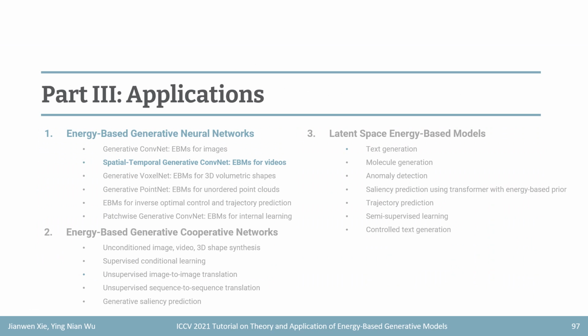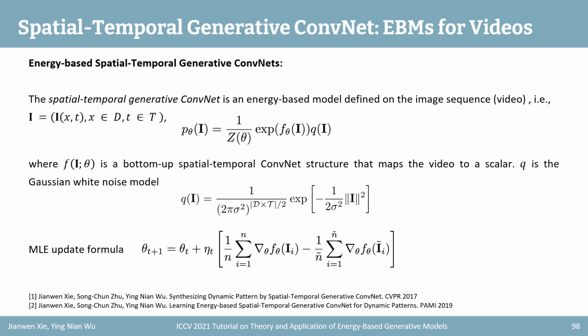Now, let's move to the video domain. The spatial-temporal generative ConvNet is an energy-based generative framework defined on video. It generalizes the generative ConvNet by using a bottom-up spatial-temporal ConvNet to parameterize the energy function, which is helpful to capture spatial-temporal information from videos.